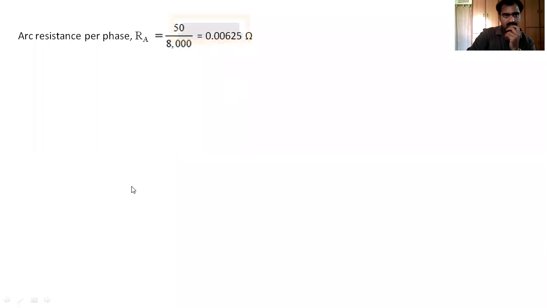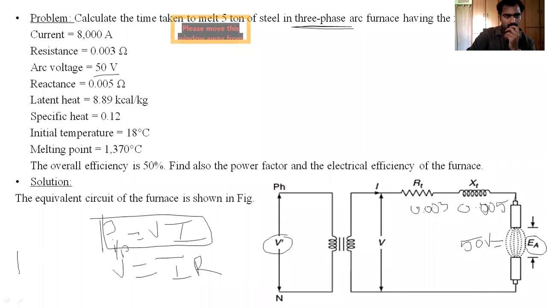See, from the above formula V is equal to IR, R is equal to V by I. Here V is your arc voltage. Whatever voltage is produced here is also 50 volts in parallel connections; the voltage produced at the terminals is equal. The current given is I equal to 8000 amperes.